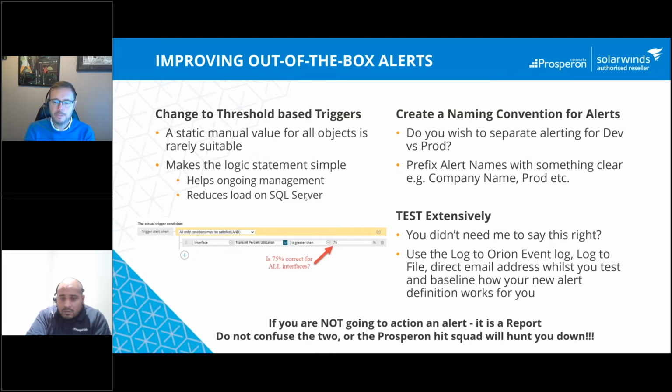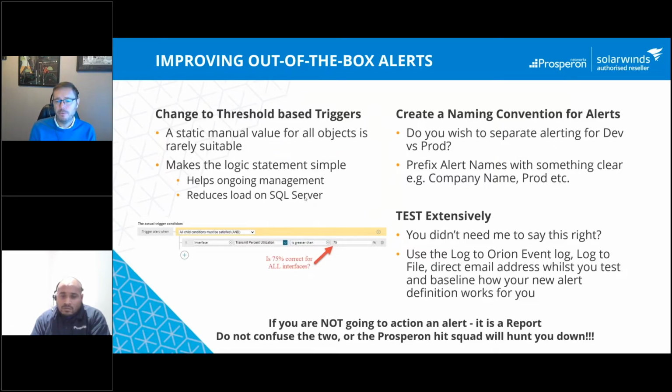And the last point at the bottom, the biggest thing on alerting, and the one that we discuss a lot with customers when we're working through what they want to be alerted on, is: is this a report? The key concept here is if you're going to receive a notification via whatever means from an Orion alert, if you're not going to do something about it, if you're not going to go and try and fix it, if you're not going to go and do an investigation on it in any way, it's probably not an alert.